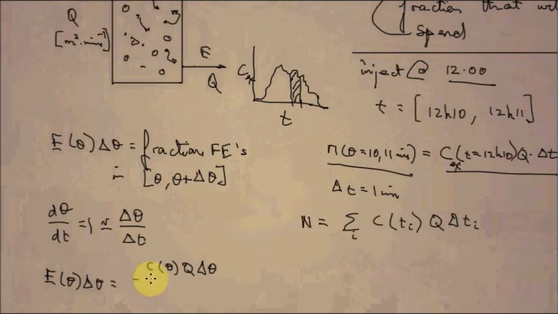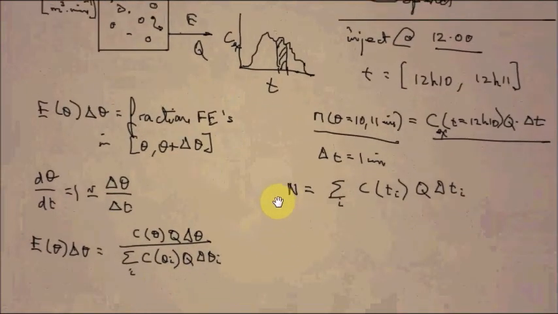And then we want to divide this by the total number of moles, so we said add up for all intervals I the concentration at the ith choice of age, and then we have to multiply that with the volumetric flow rate and the time interval delta theta I. So we can do some simplification here.